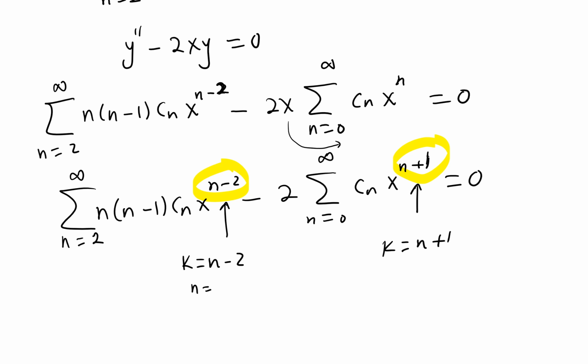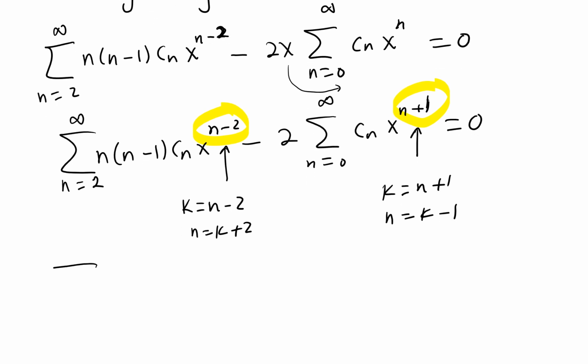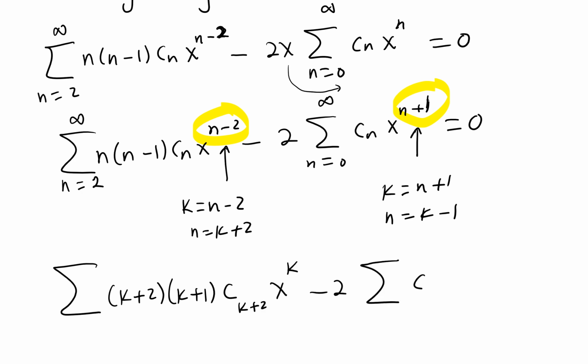Solve for n: n equals k plus 2, and n equals k minus 1. Then the sum would go, instead of n, put k plus 2: k plus 2 times k plus 1, c sub k plus 2, x to the k minus 2, minus 2 times the sum of c sub k minus 1, x to the k, equals 0.